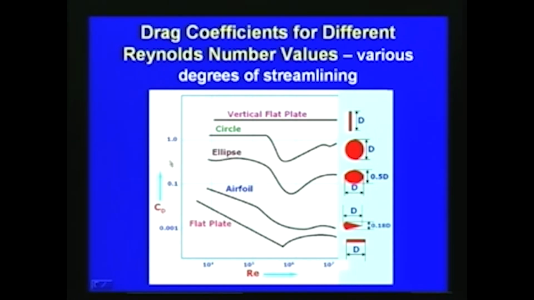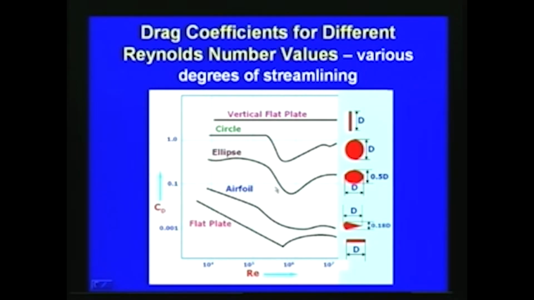If you consider an ellipse shape, the coefficient of drag in the laminar range initially increases slightly and then keeps decreasing. In the transition stage it keeps decreasing, and when the flow becomes turbulent, the coefficient of drag increases again like this.